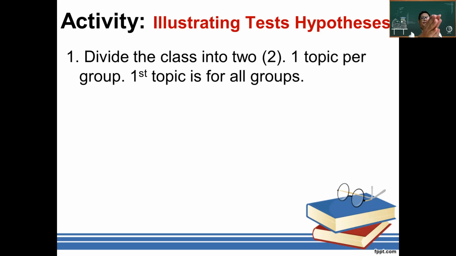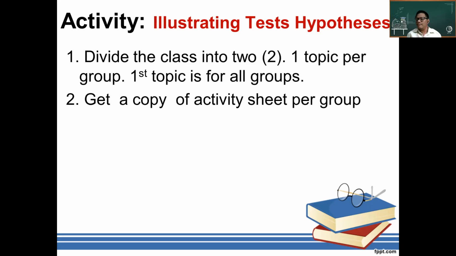To make it easier, on my left side will be group 1, and the right side will be group 2. We will have 3 activities, and you will answer all 3, but I need you to report only one topic per group.